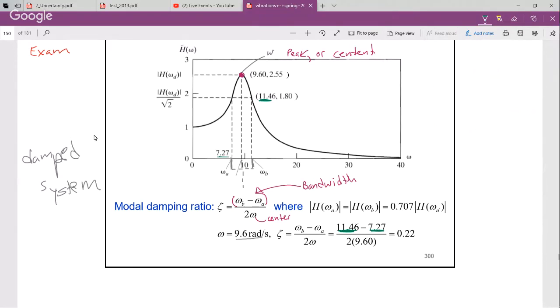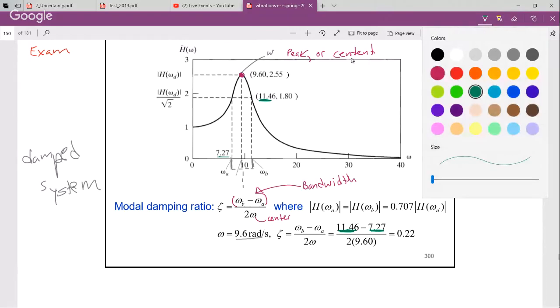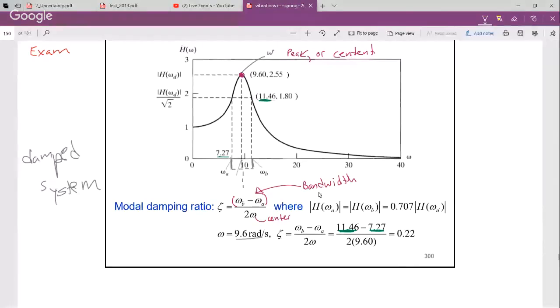Plugging in our bandwidth, which is the difference in the frequencies here, and dividing by 2 times the center frequency gives us an estimate of the damping ratio. Does everybody see the sharper that peak gets, the smaller our bandwidth becomes? What happens to our damping ratio? It also gets smaller. That makes sense. The broader it is, for a given center frequency, the larger the damping ratio.